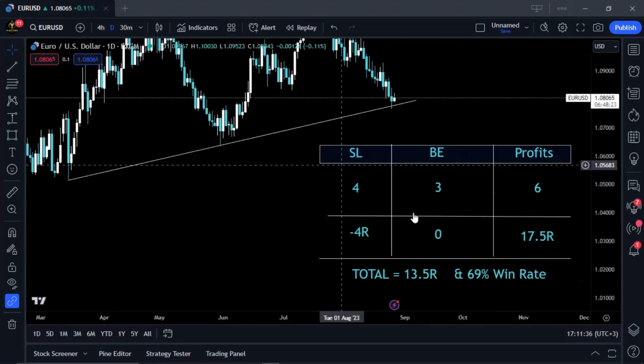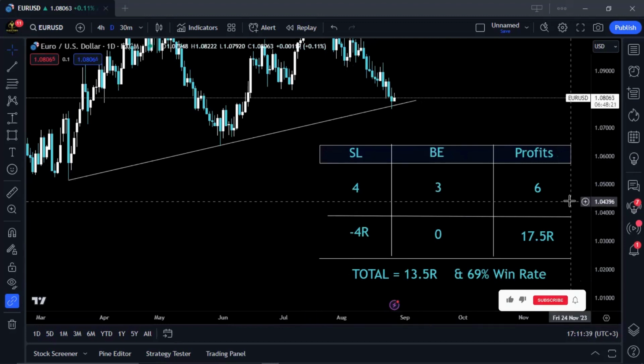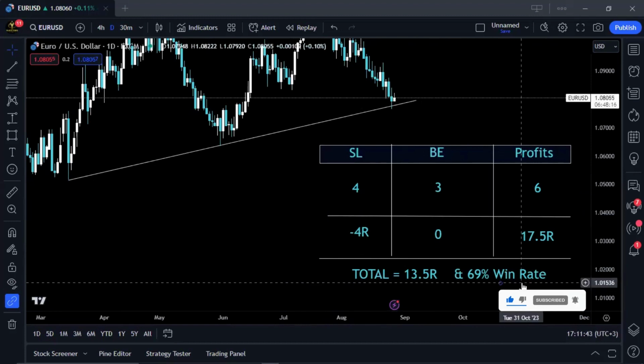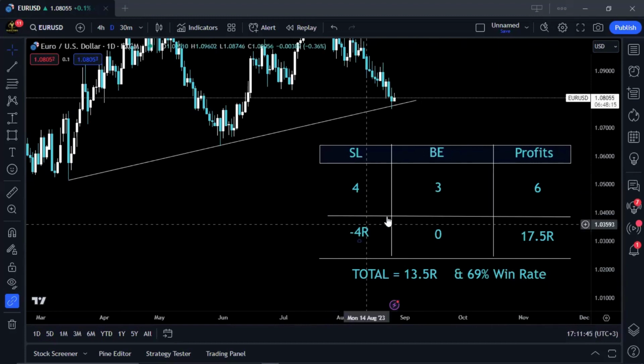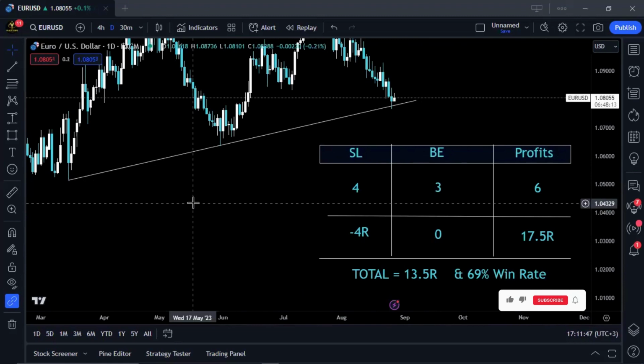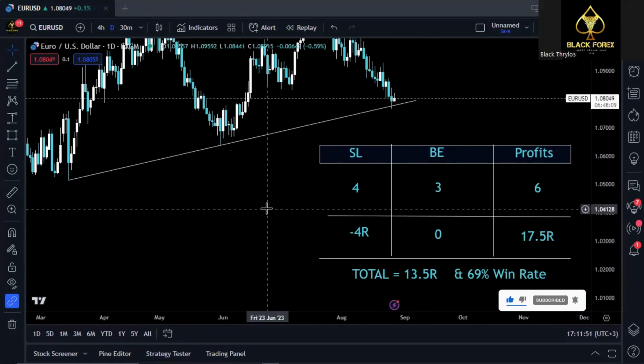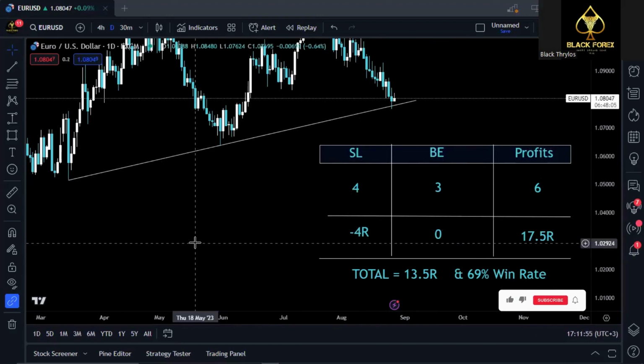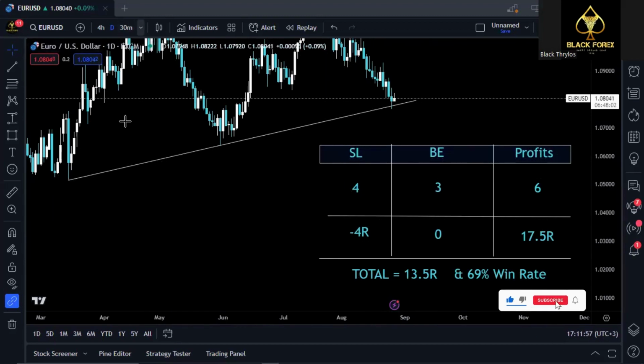So yeah, we had 4 losses, 3 break evens, and 6 trades that we closed in profit. It's not a bad win rate, but let's see what we can improve. Let's see if we could have taken other trades, and maybe if we could avoid these losses and improve on our trading. So we're going to start off.